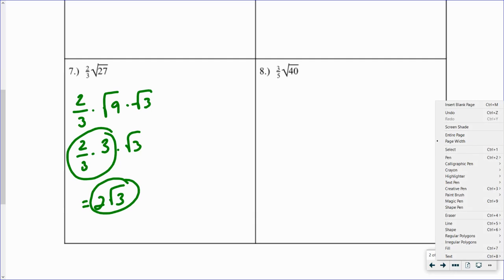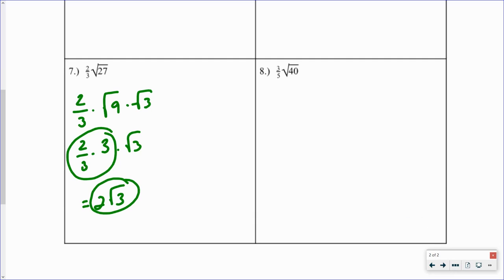And then the last example, 3/5 times the square root of 40. So when I think about the square root of 40, 40 is divisible by 4, which is a perfect square. So this is going to be 3/5 times the square root of 4 times the square root of 10. The square root of 4 is 2, so we get 3/5 times 2 times the square root of 10.